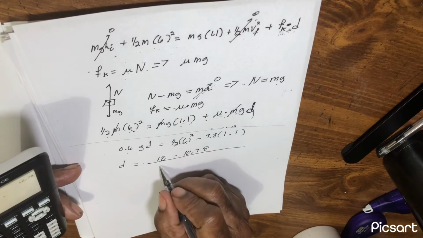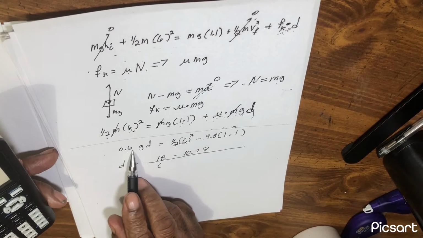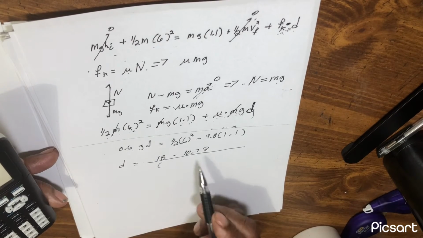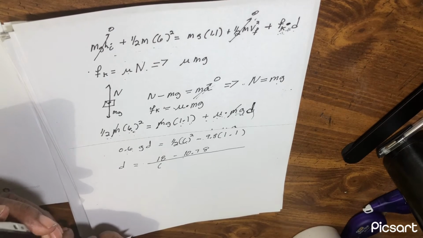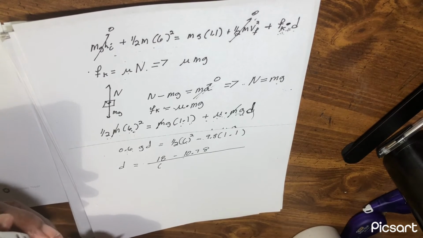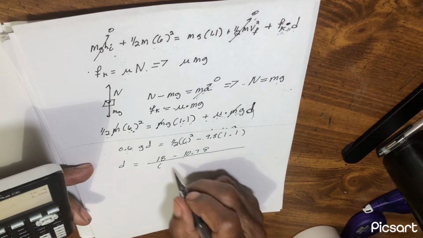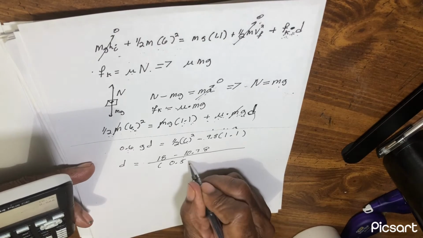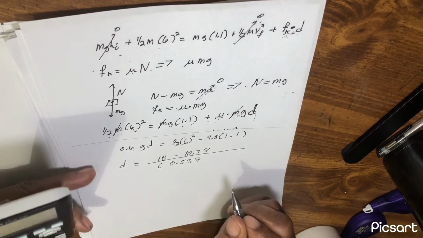And on the bottom we have 0.6 times g, so that's 0.6 times 9.8.